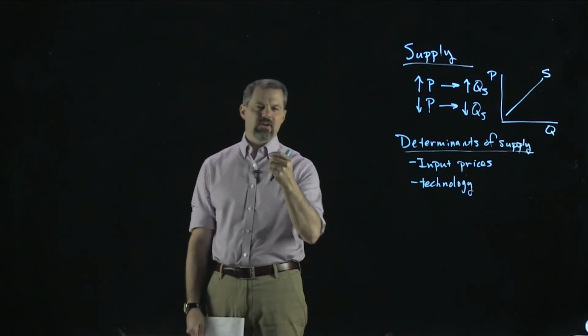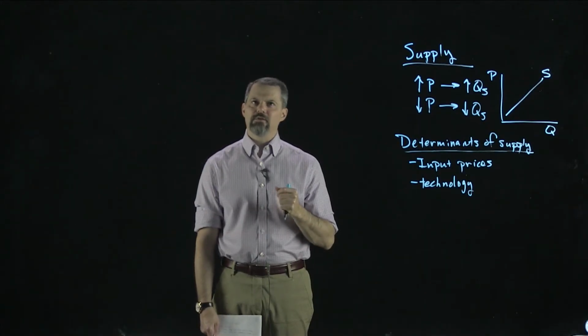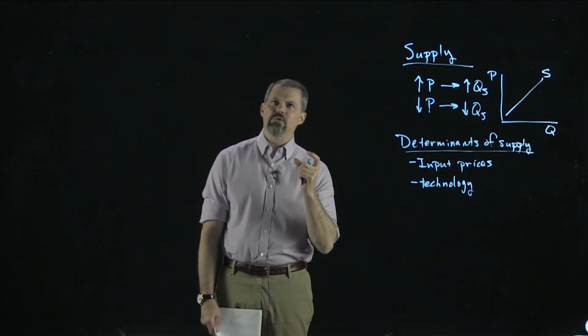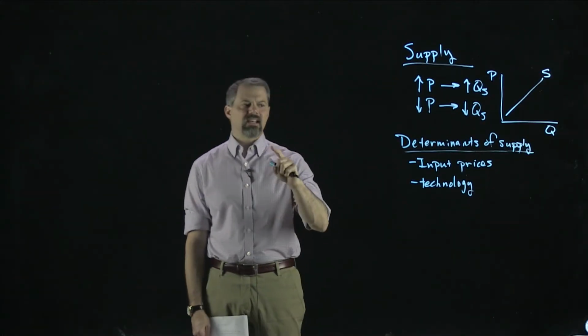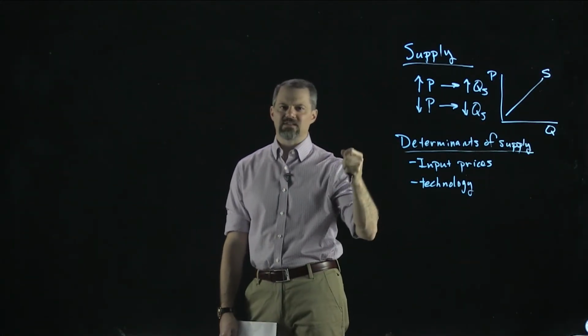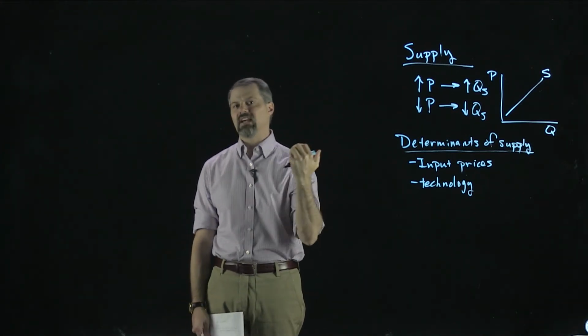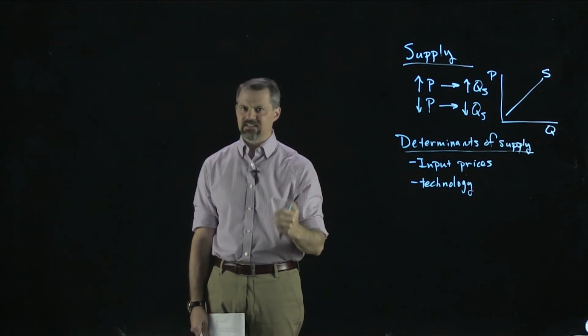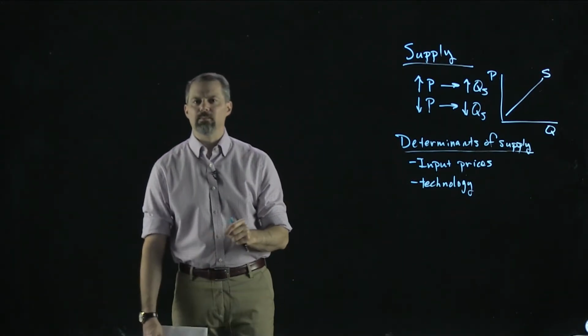But I would probably say, okay, well, what does it mean to be more efficient? And if you thought about it long enough, you'd probably say, well, that means that we can produce the good with less of the input, which is exactly the same as input prices going down. Our cost of inputs has declined. We can produce the same unit of output with fewer inputs. So a technology improvement is the same as a decrease in input prices.